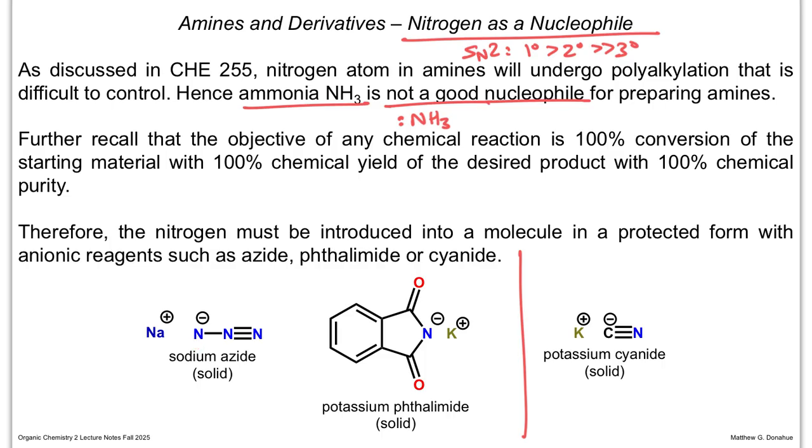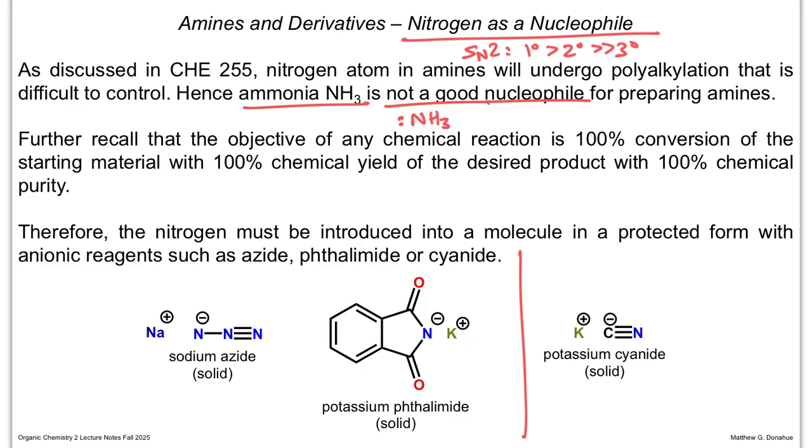So when you install that nitrogen with sodium azide, look what you're bringing along, 2 other nitrogens that you don't want. Then with potassium phthalimide, you have these carbonyl groups. So see this "imide", that says imide.